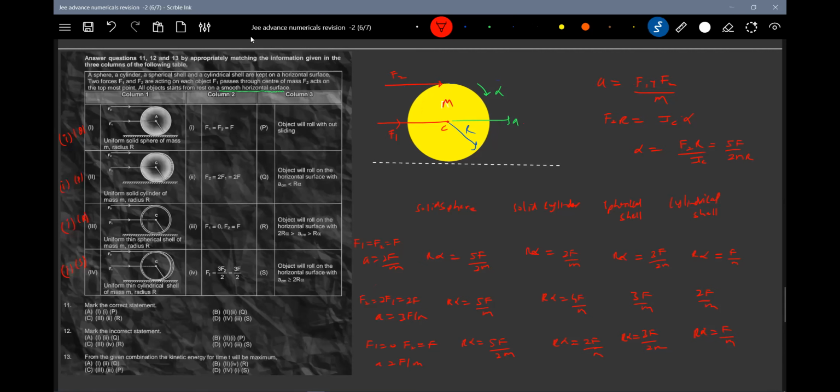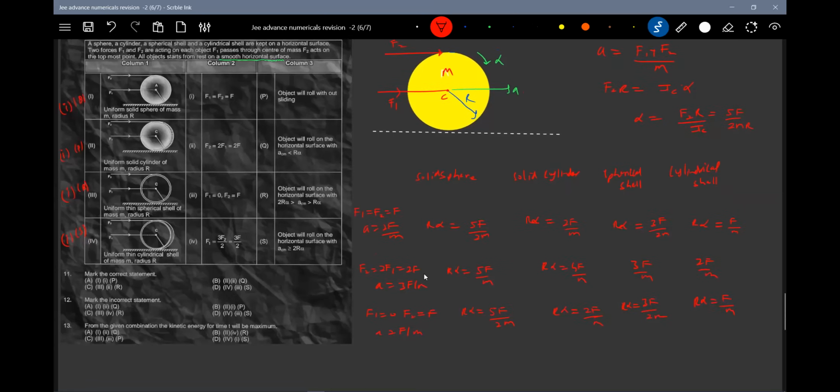Okay, I'm just filling up the columns. F1 equal to 3F by 2. Acceleration should be equal to 5F by 2M. R alpha will be 5F by 2M.